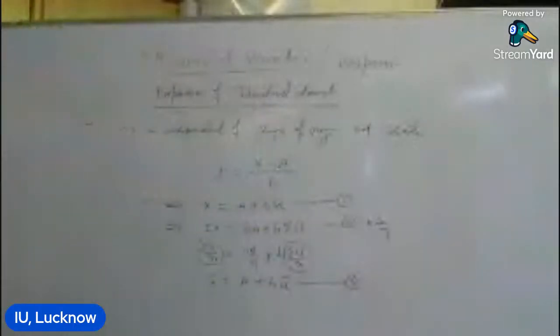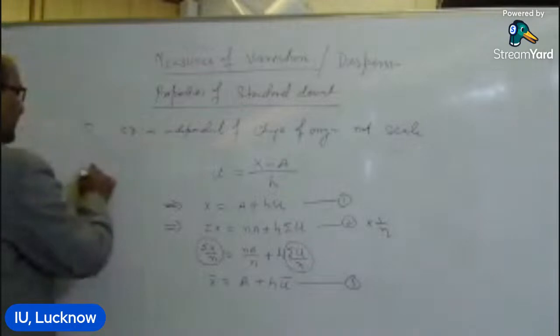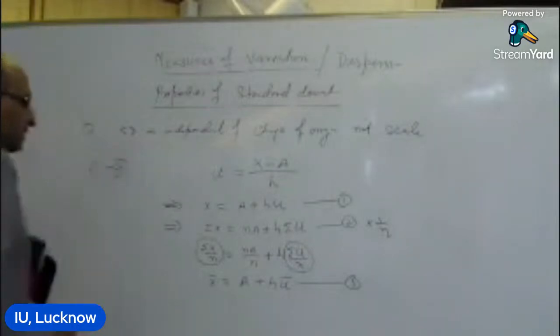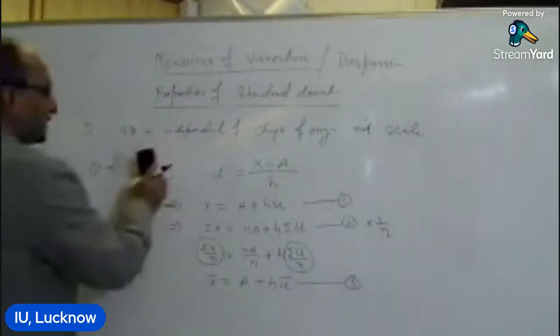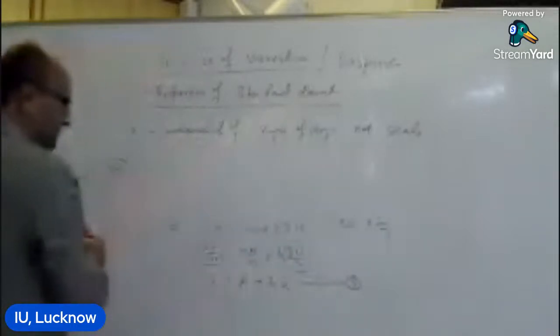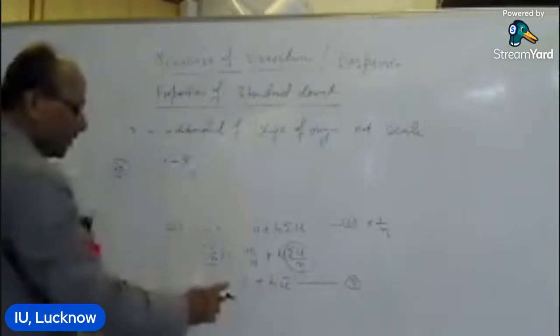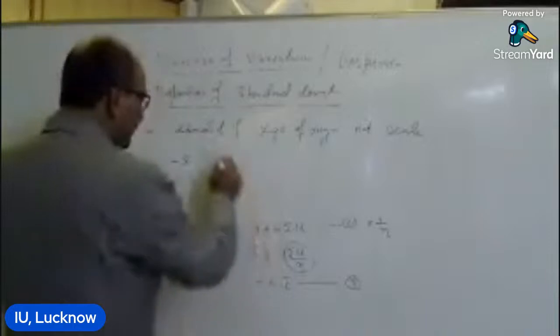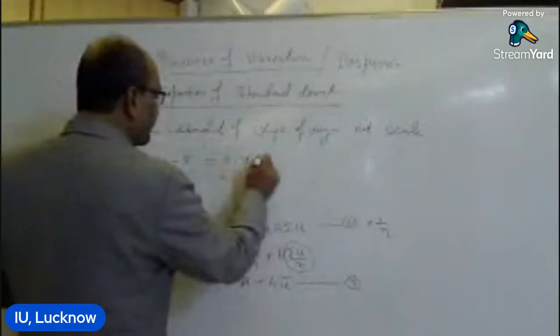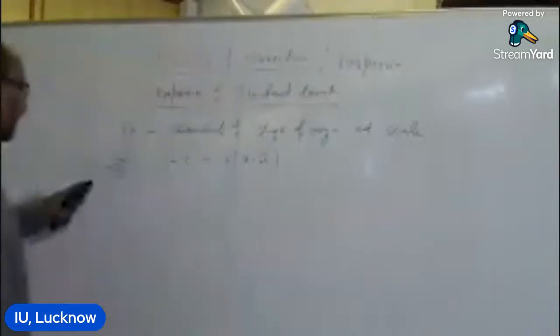Now subtracting equation 1 minus equation 3, you will get x minus x bar is equal to h times u minus u bar, as a cancels. We get this from the difference of equation 1 and equation 3.